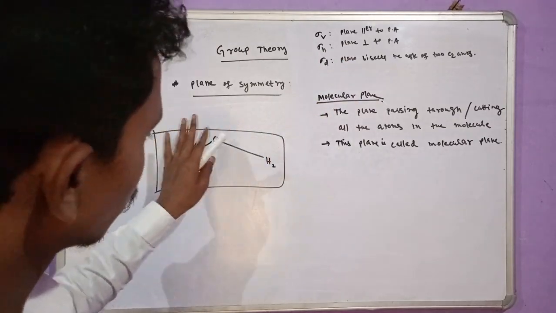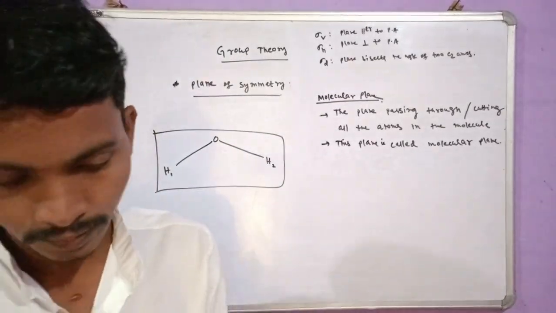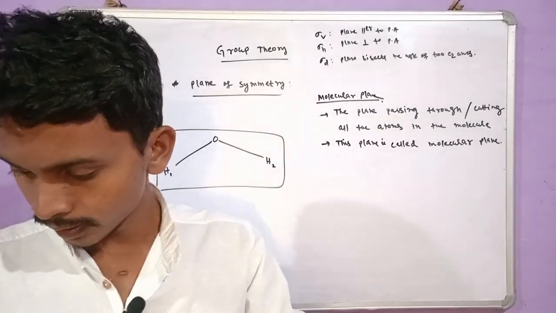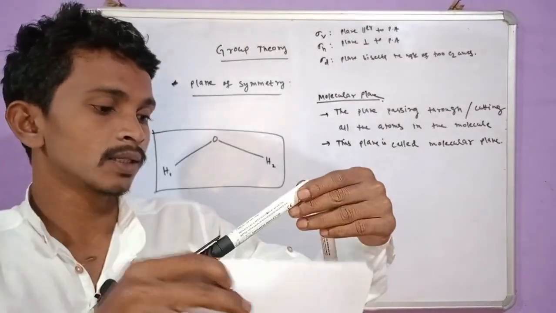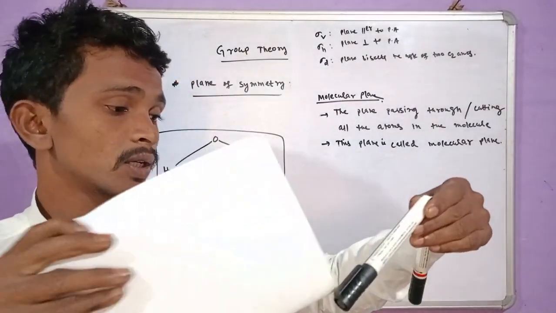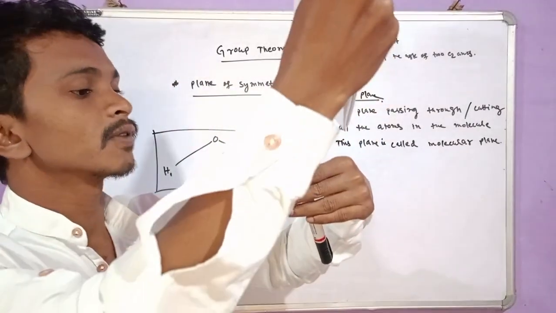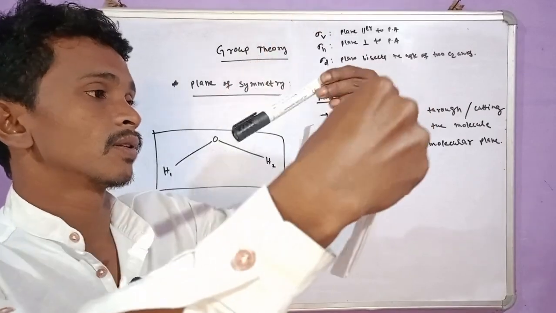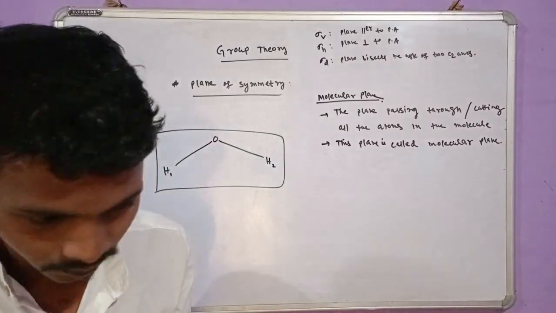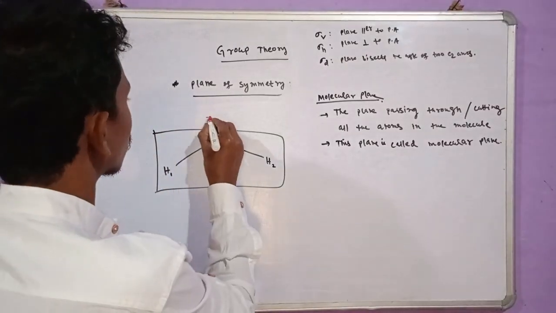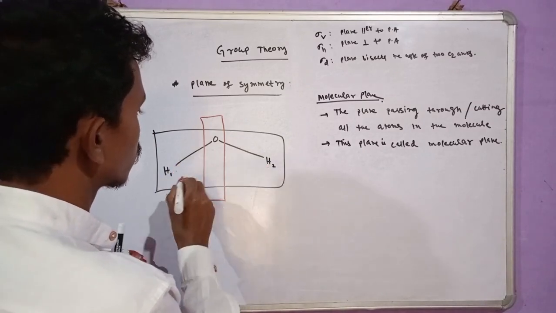this is also a plane. One plane is there which cuts all the atoms. Means if these are the atoms, and the plane passes through all the atoms, oxygen, hydrogen and hydrogen, this is the molecular plane. Another plane I also have cuts only oxygen and bisects and replaces these two.